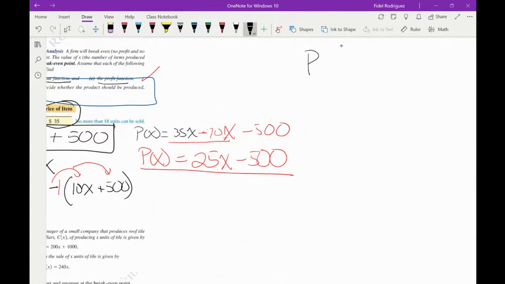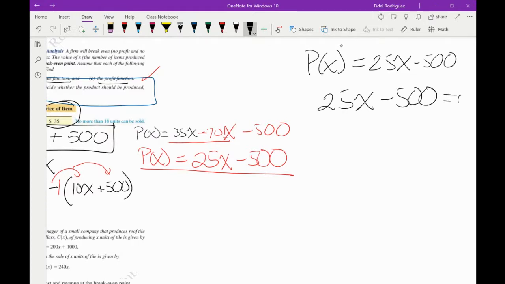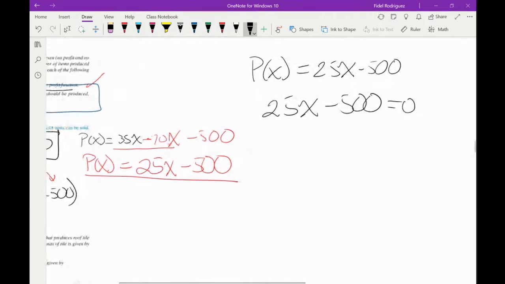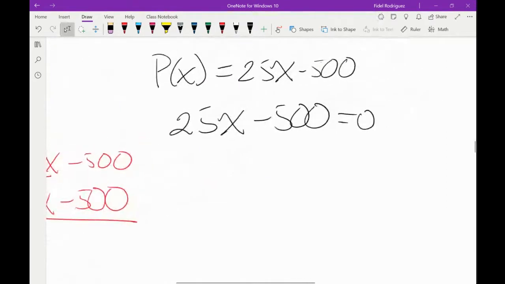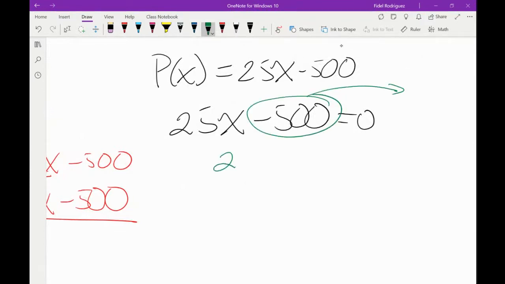So what I'm going to do, guys, is take this profit function right here, 25x minus 500, and say I want my profit to be equal to 0. This is going to tell me what we call the break-even point. So if I want to solve this equation, just like we did last week, I'm going to take this 500 and move it over.